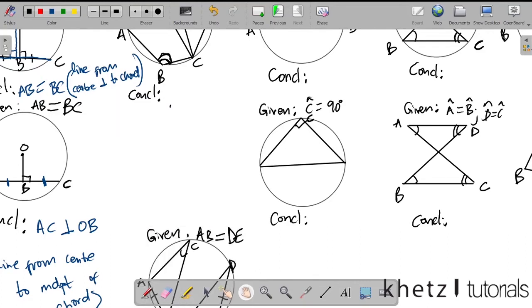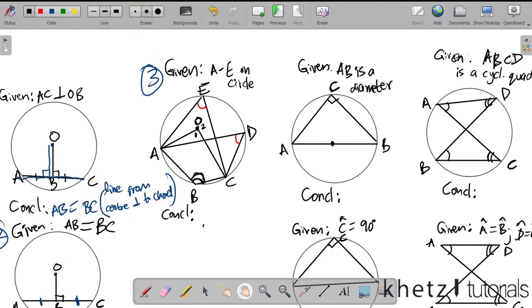So now the conclusion we can make from A, B, C, D, and E being found on the circle and O being the center is that O1 is equal to twice the size of E, and it is also twice the size of D. Also, O2 is twice the size of B, right?